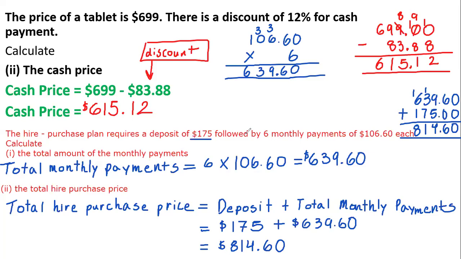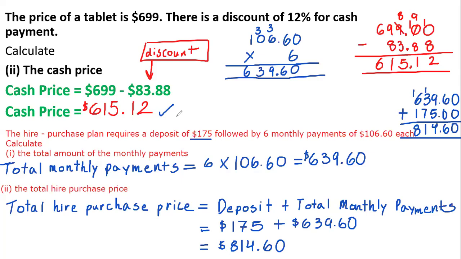All right, so we have $814.60. This is the total higher purchase price. So you have an option. You could either buy it cash if you have the cash, and then you would spend $615.12. Or you could say, that's too expensive on the first go, I don't have that bulk of money.